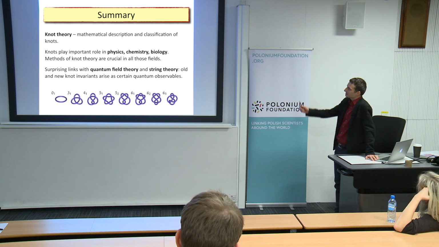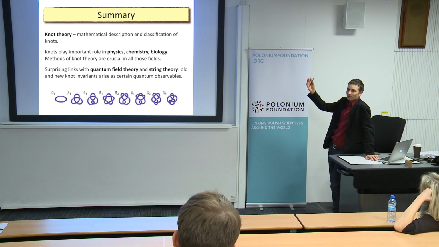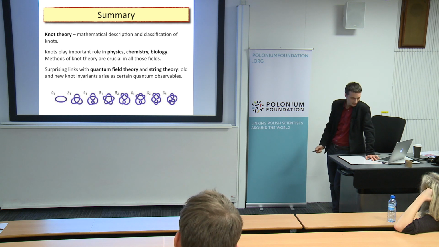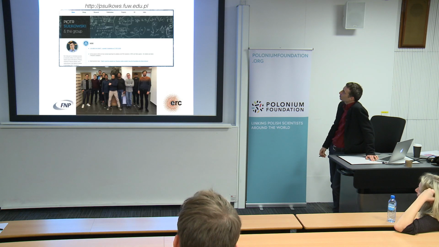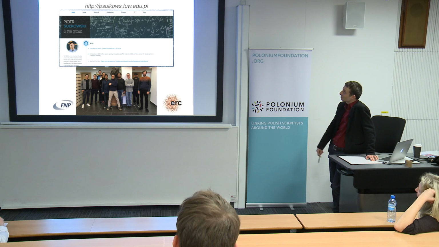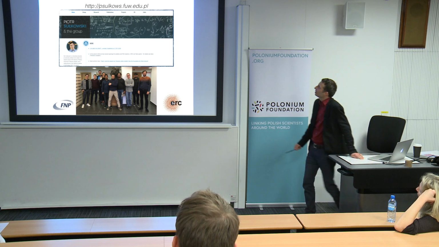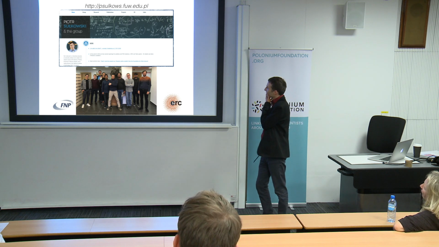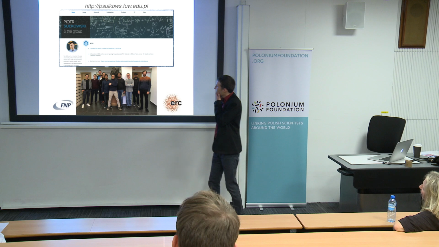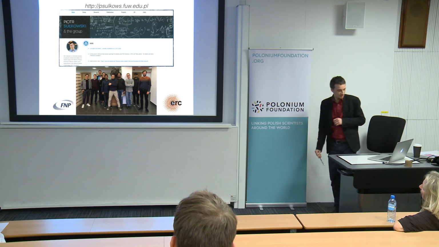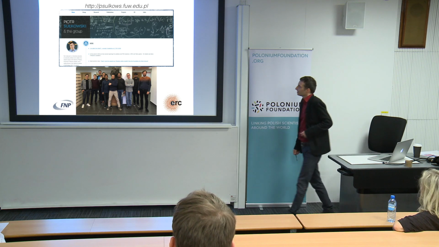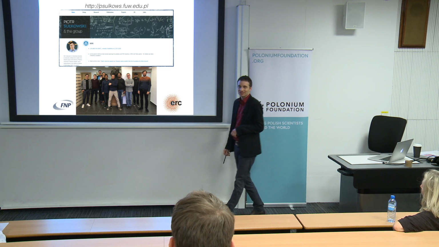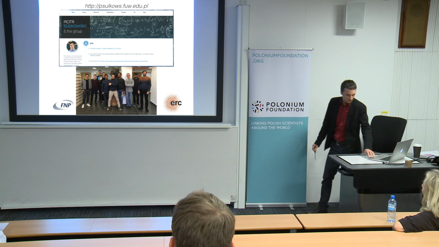Let me also stress that this type of research, including string theory, quantum physics, mathematics, and biophysics of proteins, is something that we do with the group at the Faculty of Physics, University of Warsaw. On top is the website of the group I am head of, and this is a picture of our group. If you look carefully, I must say this is quite unfortunate, but you see only guys and no women, so we encourage women in particular to get involved in this research and join us.